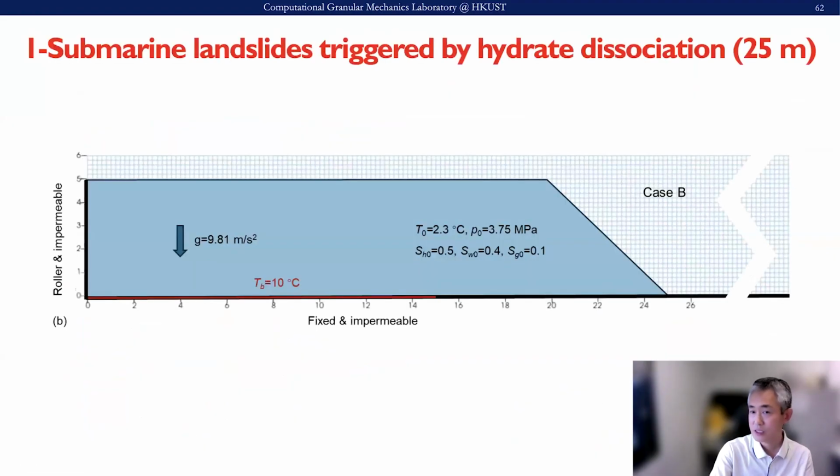This case is for the methane hydrate bearing sediment. We consider a submarine methane hydrate bearing layer like this one, and this layer exists under an initial condition where the temperature is typically 2.3 degrees, with a surcharge of 3.75 megapascal, and the gravity is stable.